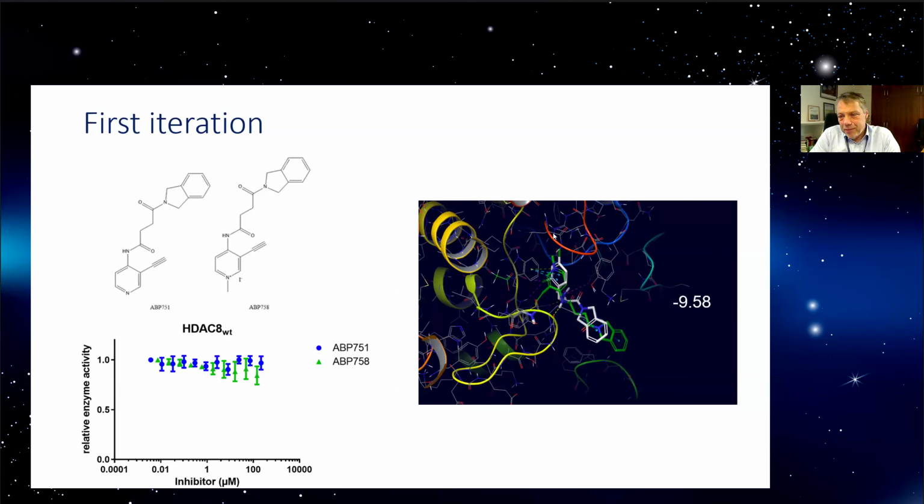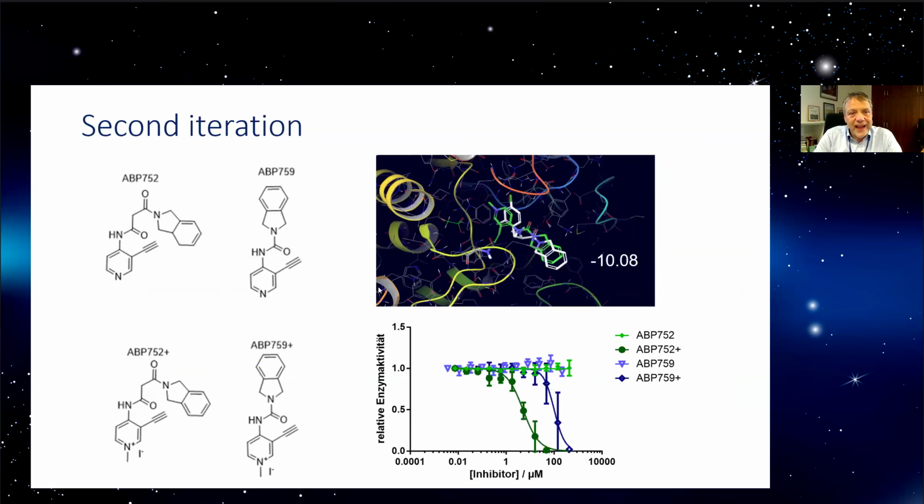Unfortunately, however, when we investigated both of the compounds against the wild type HDAC8, we did not observe any binding. Probably the linker region of these compounds seems to be too large, which prevented the best fit of the designed compound to the available binding site. So in the second iteration, we generated compounds with much shorter linkers.